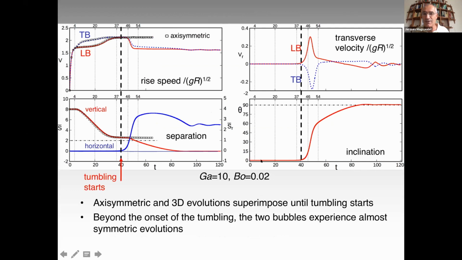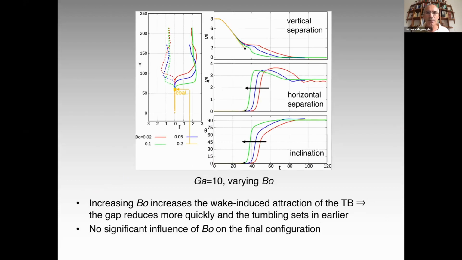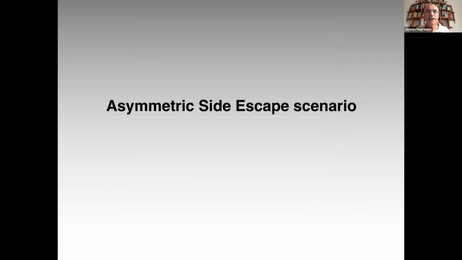You see that the inclination is initially 0. The two bubbles have their line of centers aligned with gravity, and then the tumbling takes place, and after some time, the line of centers is getting horizontal, and the two bubbles rise side by side. I will skip this one and jump to the asymmetric side escape scenario now.